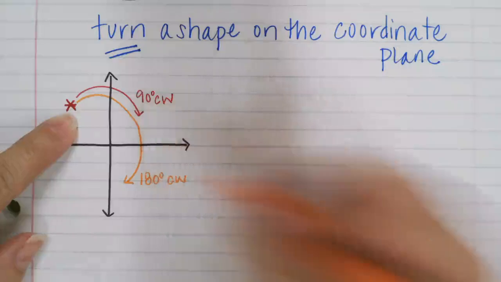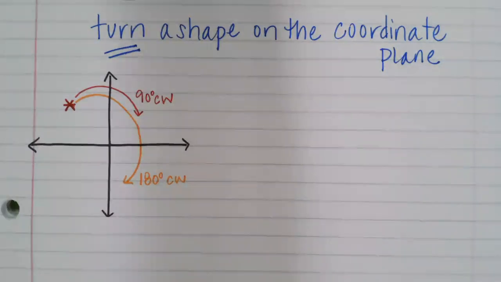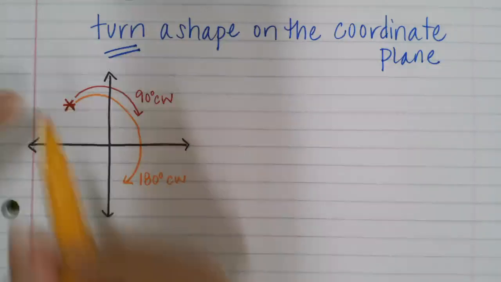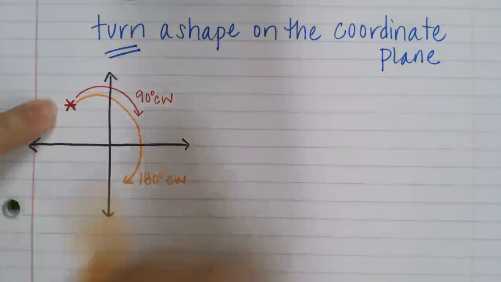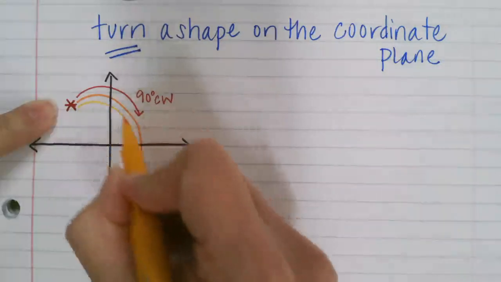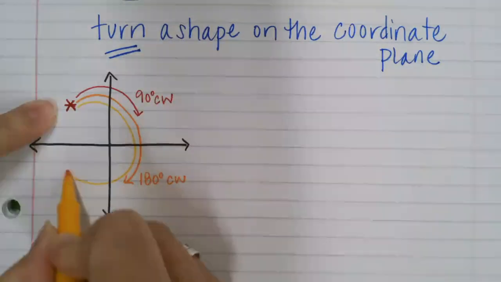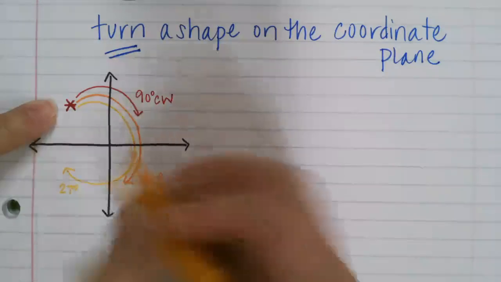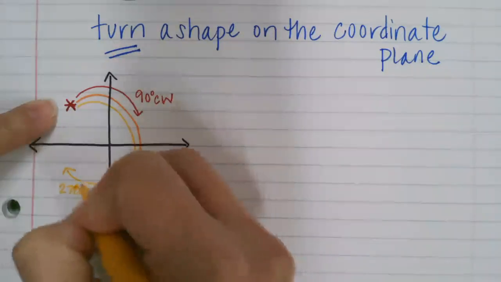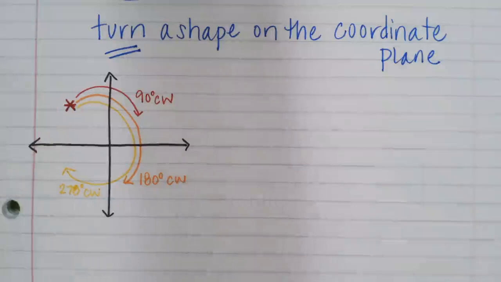So that's 180 degrees clockwise. And then if I take this star and rotate it 3 quadrants over, so there it goes, 1, 2, 3 quadrants over, that's going to be 270 degrees clockwise.